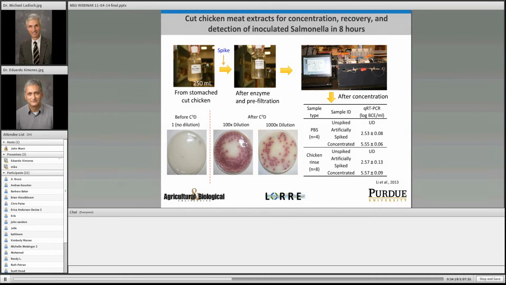So you can see in this table that PCR inhibitors are especially a major problem, but in this case, when doing the qPCR analysis, we could see that results for cells in buffer, when compared to results for cells in the rinse, are very close to each other when you compare unspiked and artificially spiked.